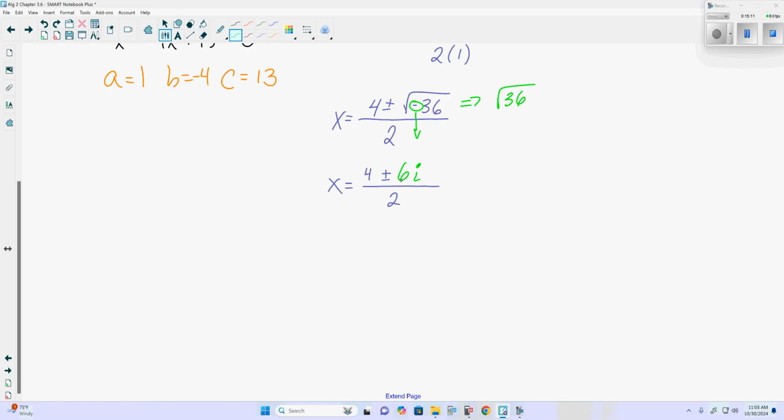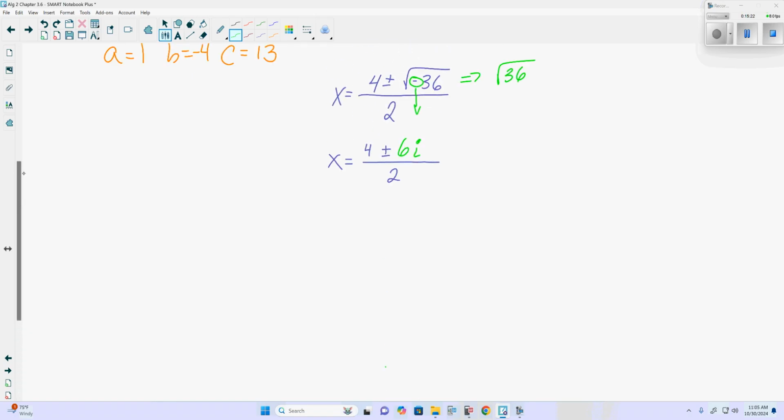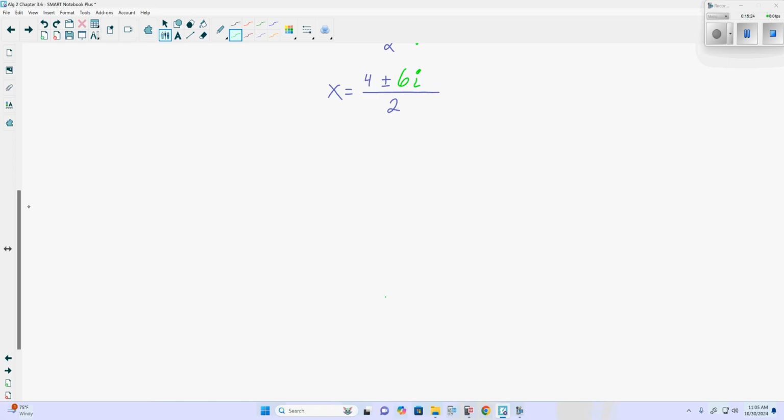But because there is this common factor of 2 across all three, we can simplify this. And it actually simplifies out completely. Here our 4 divided by 2 is 2, 6 divided by 2 is 3, and we still have our i. So it's 2 plus or minus 3i.